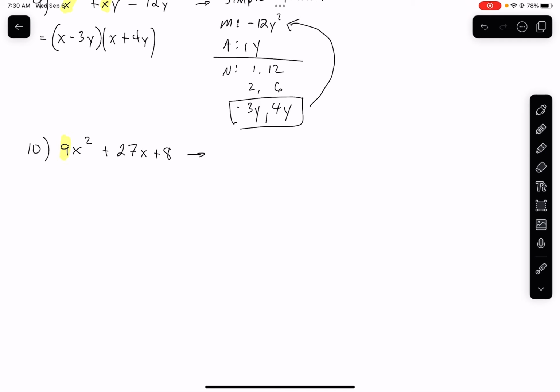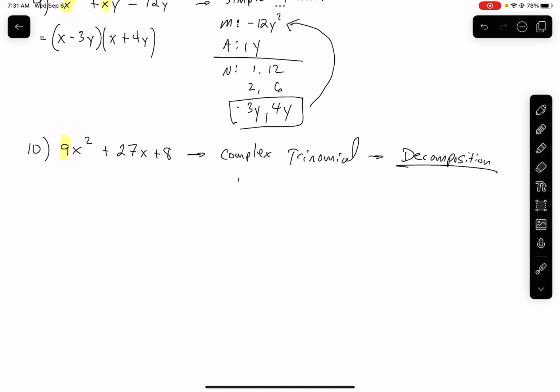Okay, and so we said we had a special classification. This was a complex trinomial, which requires us to use a process known as decomposition. Okay, and basically we're taking something and we're going to decompose it into two pieces, but we need to figure out what those two pieces are first. Okay, very similar to simple trinomials, just one alteration to the process.